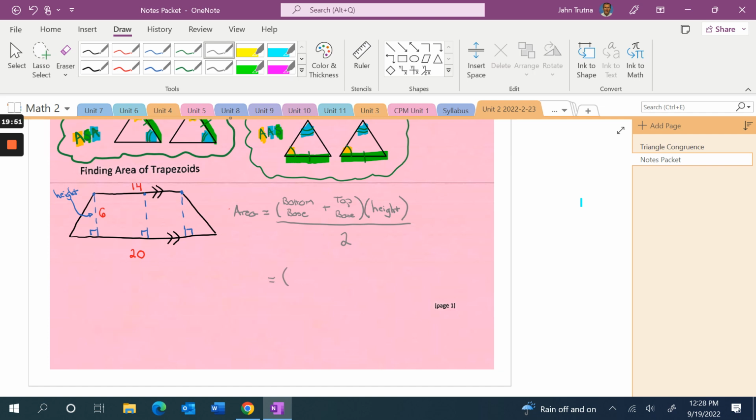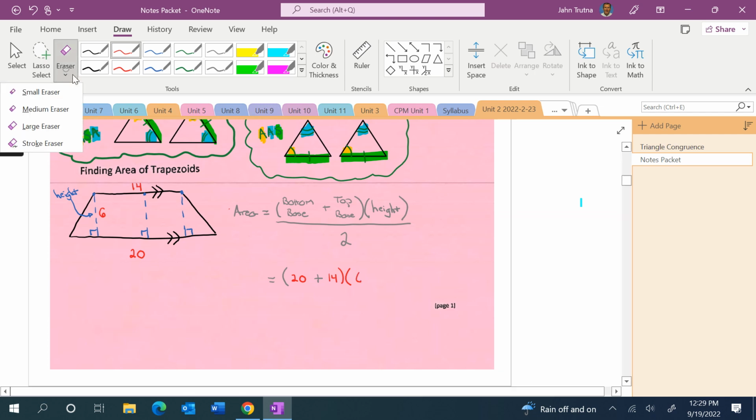So finding the area of this trapezoid, I would take the bottom base, which has a length of 20. Then I would add it to the length of the top base, which has a length of 14. And then after I do that, I would multiply that with the height of the trapezoid, which is 6.